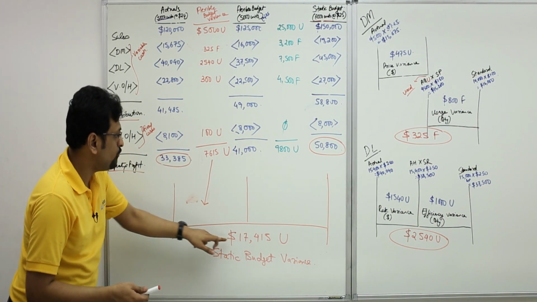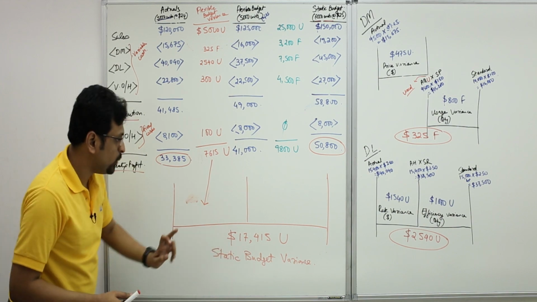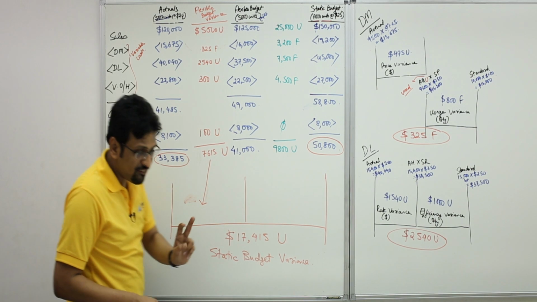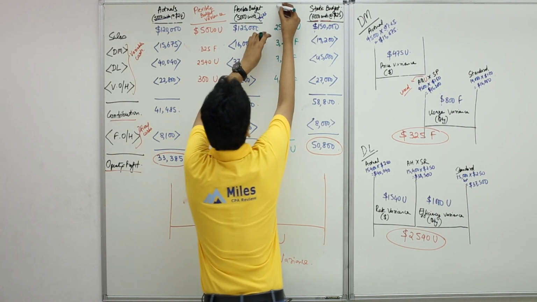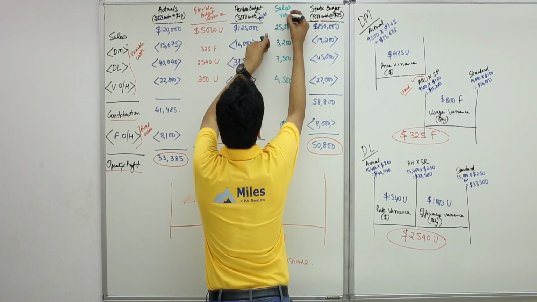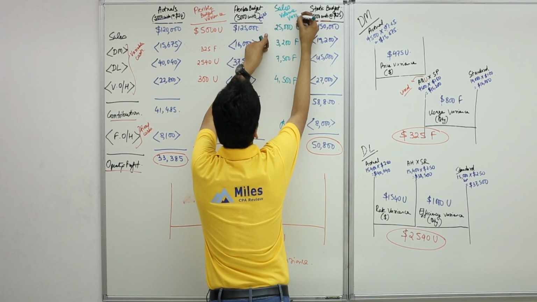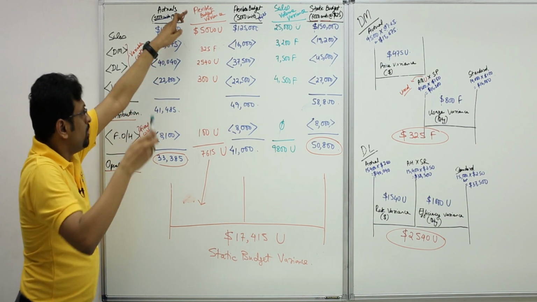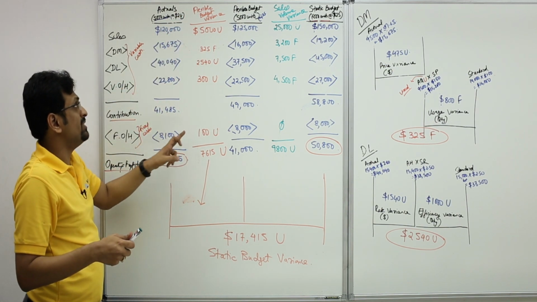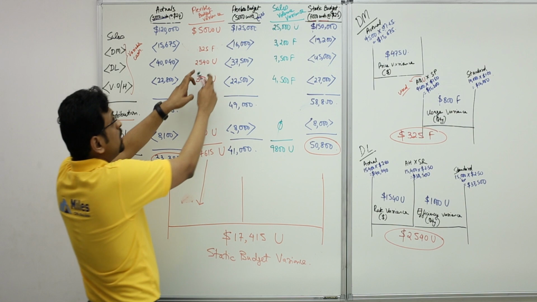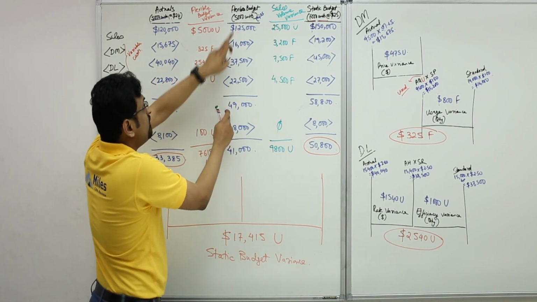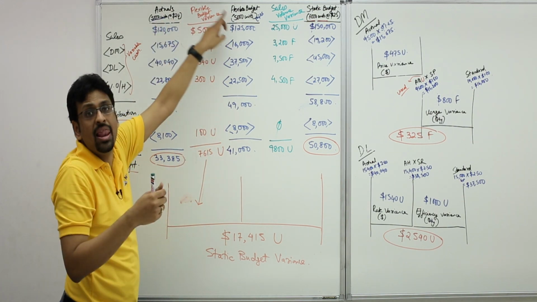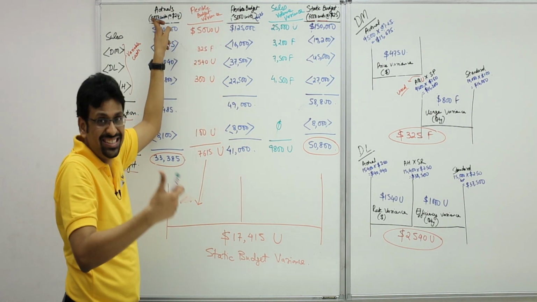So $17,415 of static budget variance includes the flexible budget variance of 7,615 and the sales volume variance. So guys, understand, this column, the flexible budget variance, is because they were not able to maintain the budgeted amounts, even though we created this flexible budget at the actual level of production and sales in this example.